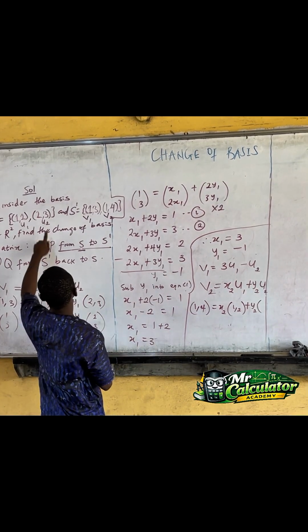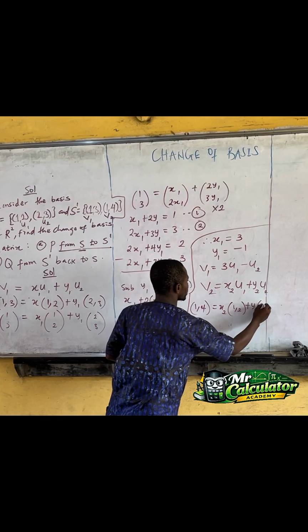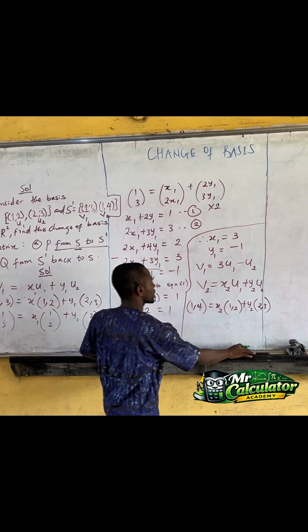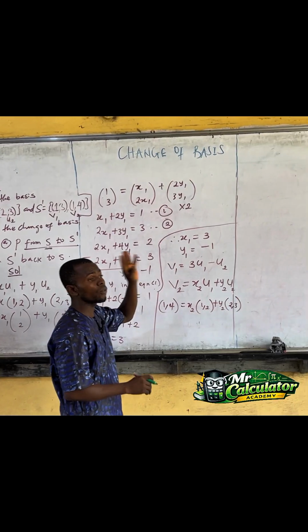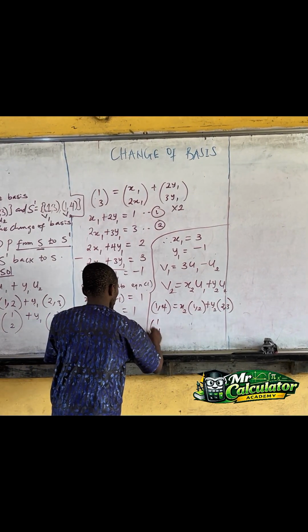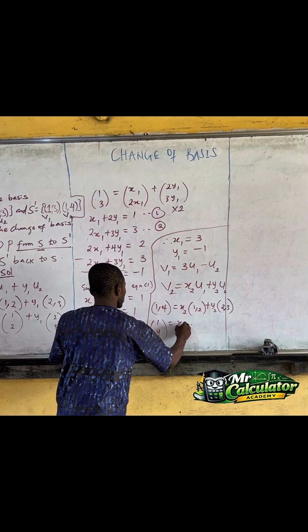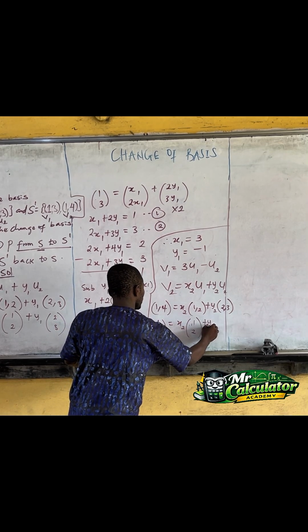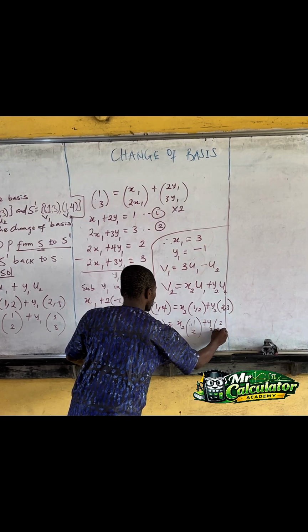What is my u2? 2, 3. Before I open the bracket, it must be in form of column matrix. It will now be 1 and 4 in column equal to x2 bracket 1 and 2 plus y2 bracket 2 and 3.